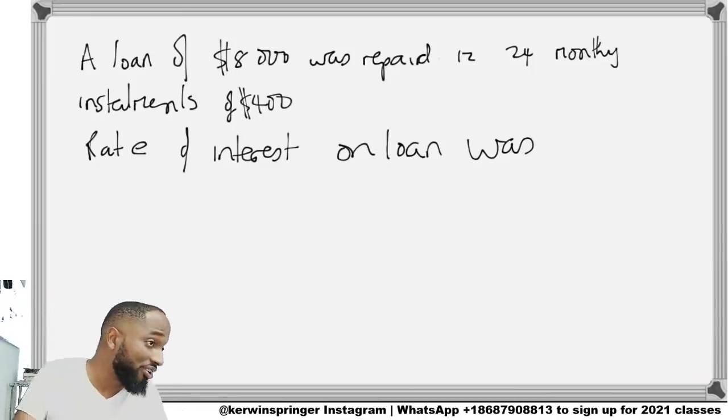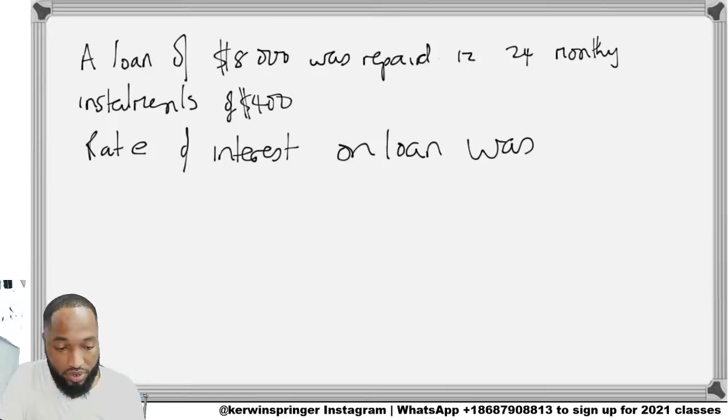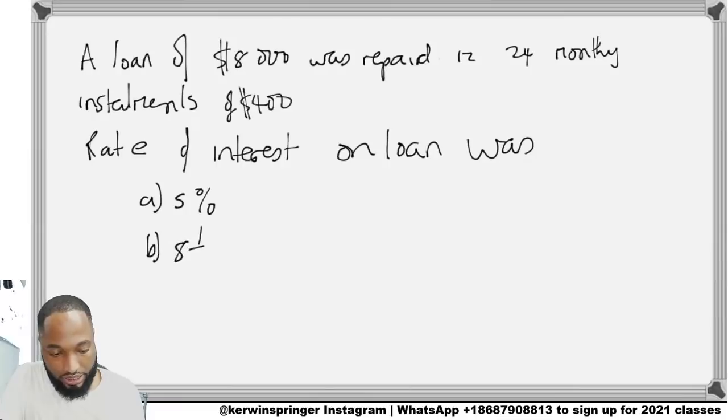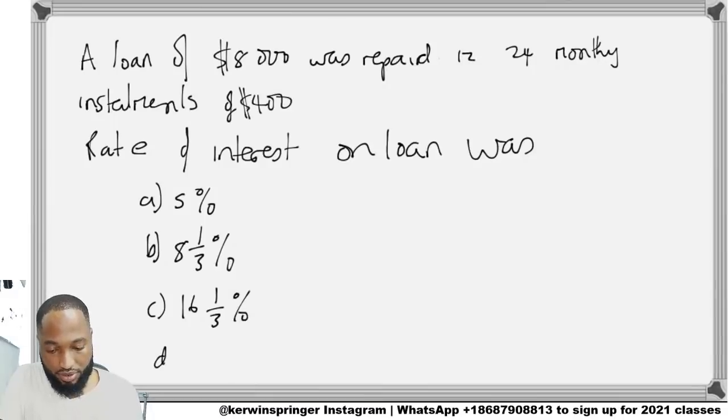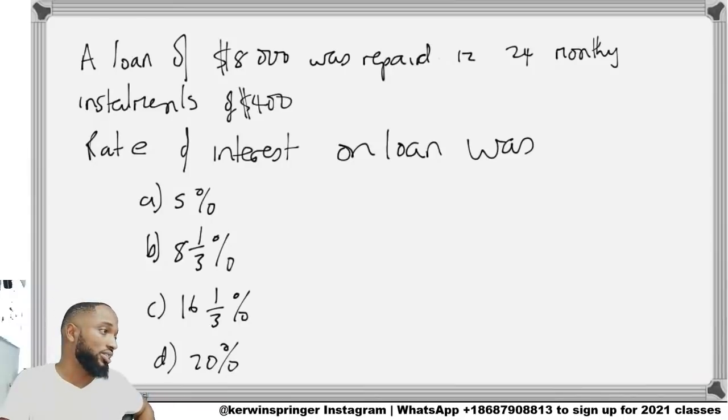Anybody care to venture what they're going to do to find this? Here are the answers: A, 5%, B, 8 and a third percent, C, 16 and a third percent, and D, 20%. Anybody feeling the vibes where this question is concerned?